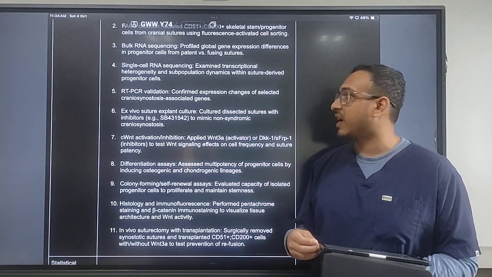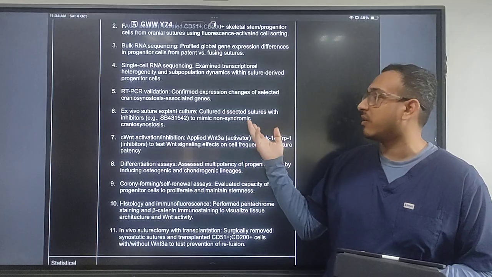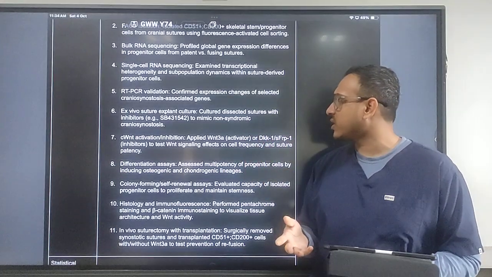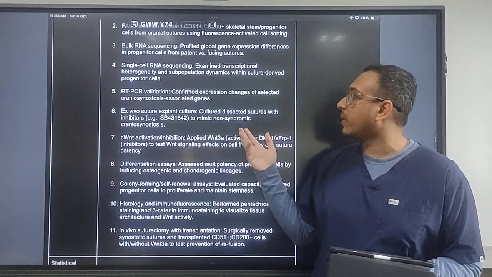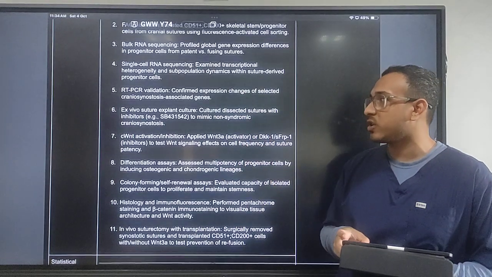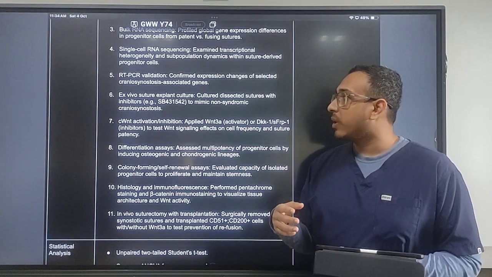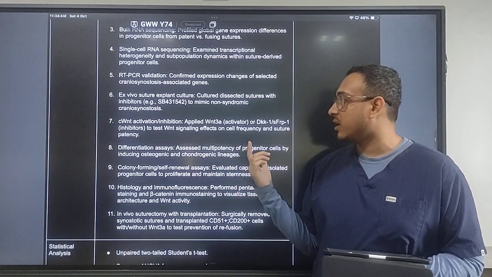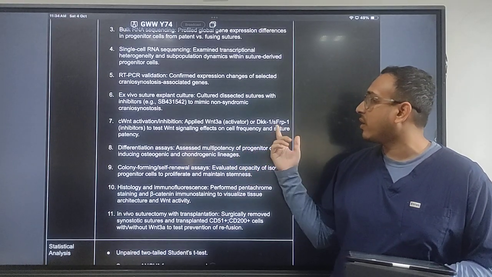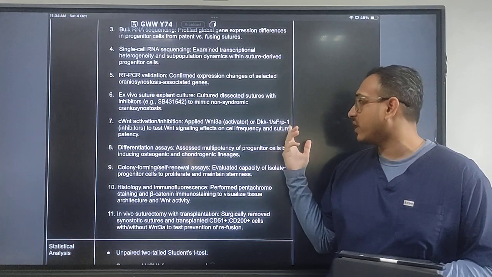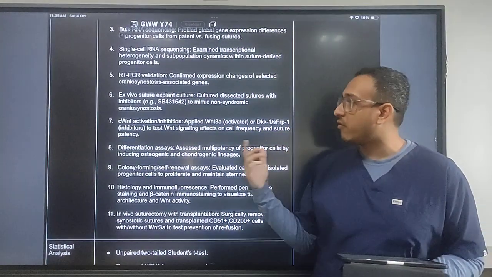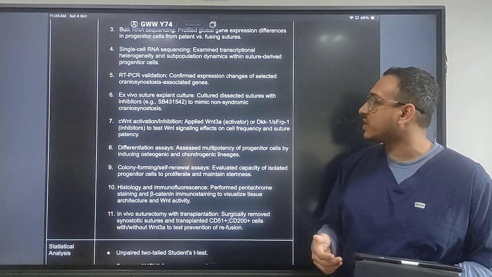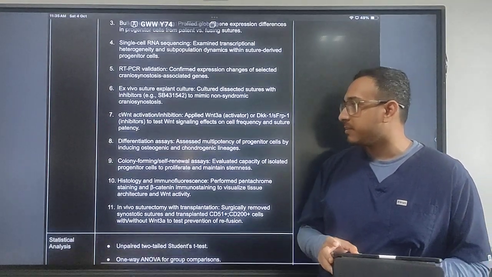In the ex vivo suture explant culture, they cultured the dissected sutures with inhibitors to mimic non-syndromic craniosynostosis. For WNT activation and inhibition, they applied WNT3A as activator, or DKK1 or SFRP1 as inhibitors, to test the WNT signaling effects on cell frequency and suture patency.